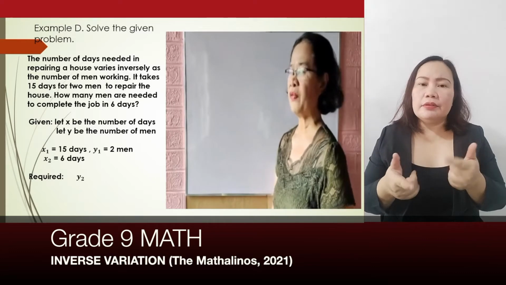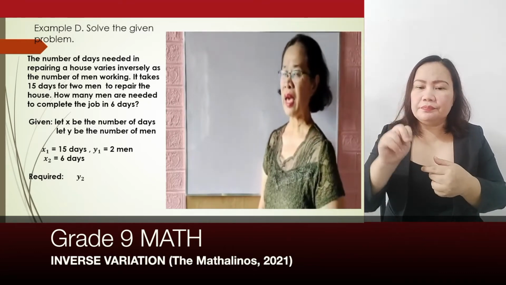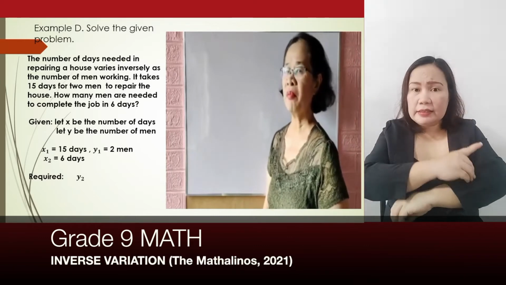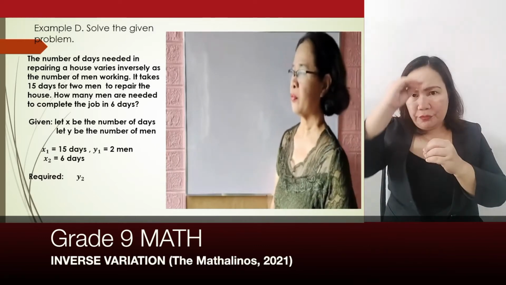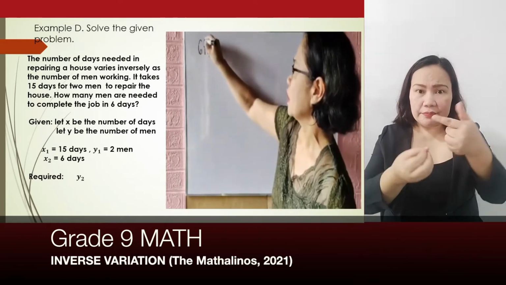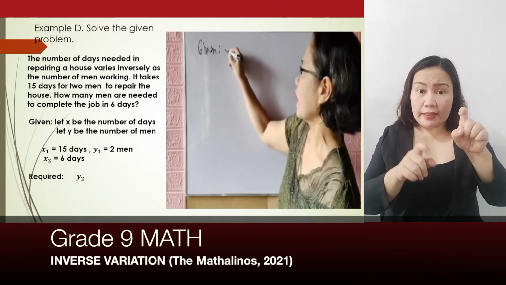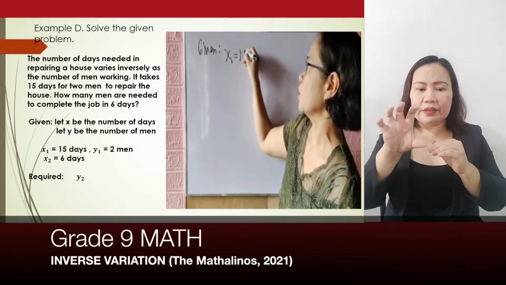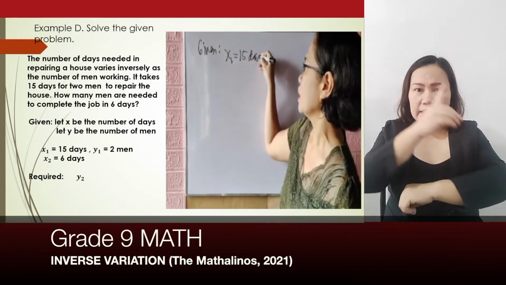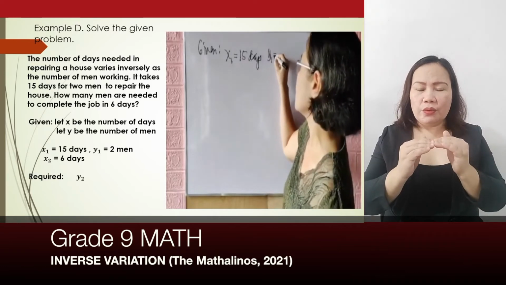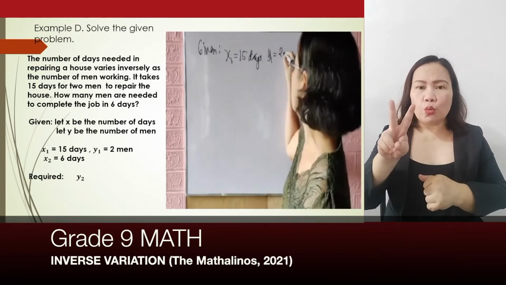So let's have the given. Let x be the number of days and let y be the number of men. So, the given are: x sub 1 is equal to 15 days, and y sub 1 is equal to 2 men.